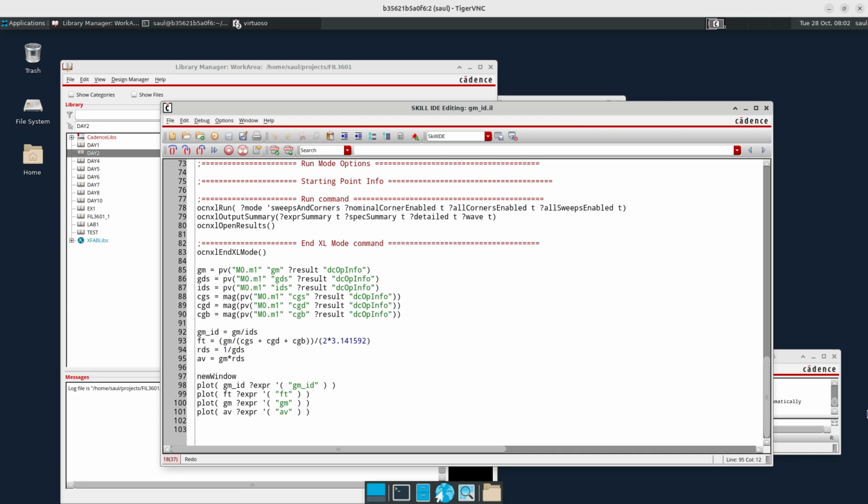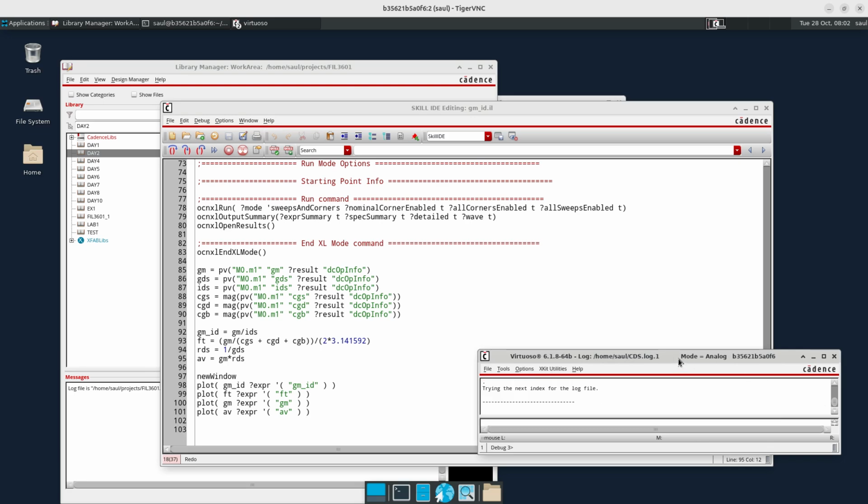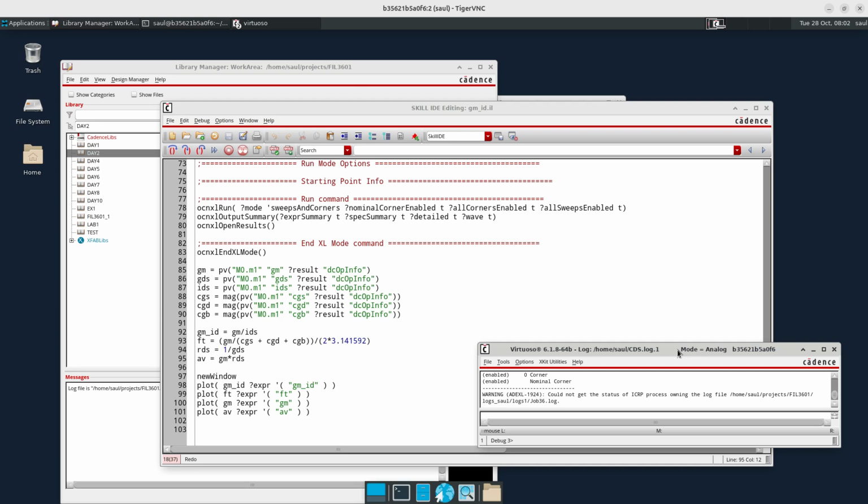So that is the reason why I normally plot both GM/ID and FT versus ID, so that I can see both curves in the same plot. So that will help me to visualize very quickly what is the high frequency performance of that transistor and what is the gain performance for the current that I am applying.